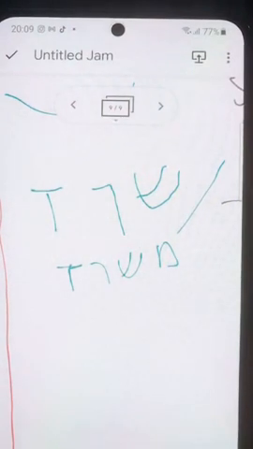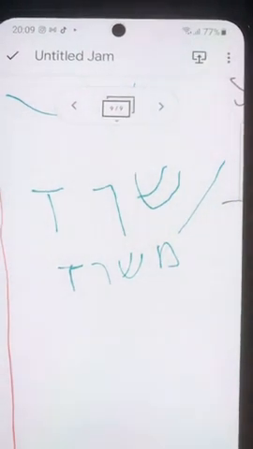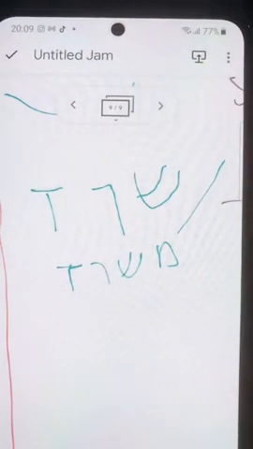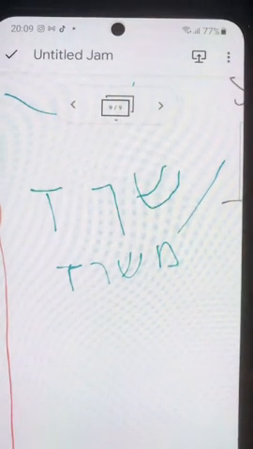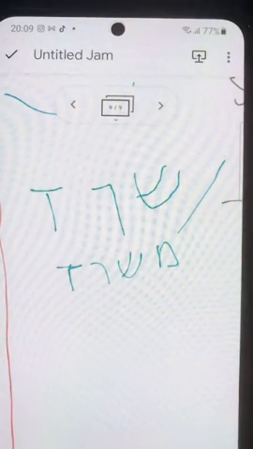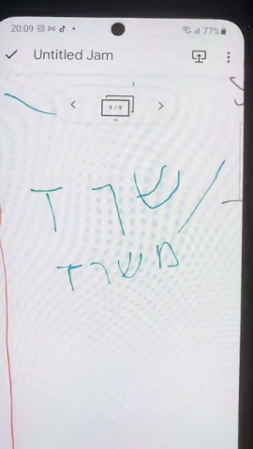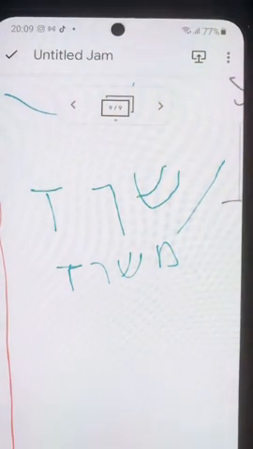This is maktub. So maktub also means letter, but it also means written.